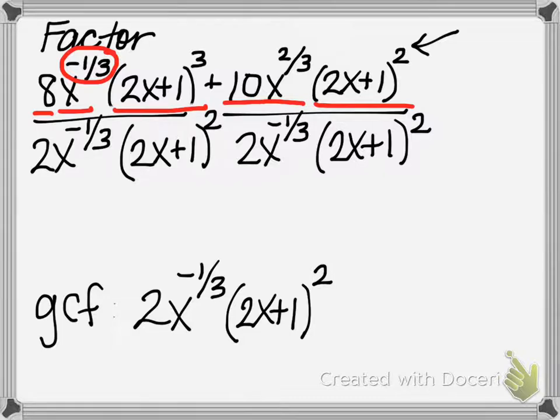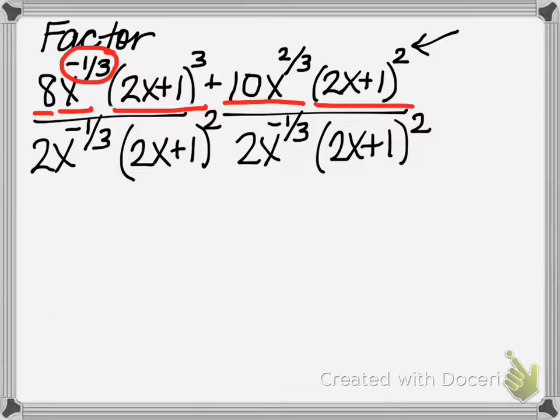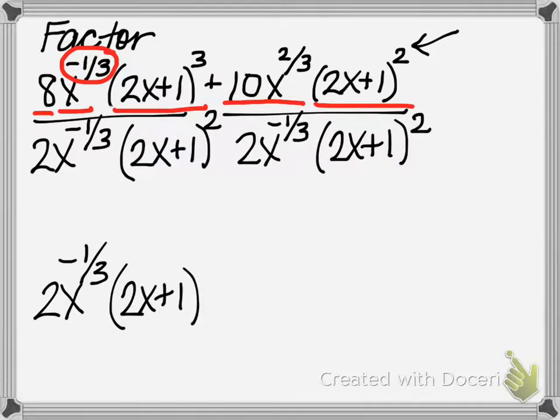So I am going to rewrite this. Now I have my greatest common factor, 2x to the negative 1/3 times the quantity, 2x plus 1 squared. And we will do our division to continue factoring this.